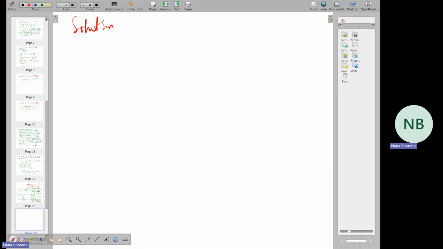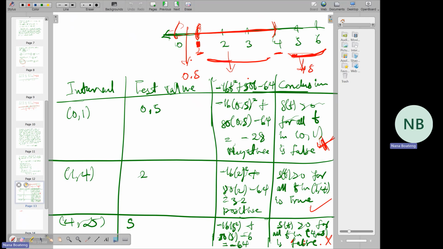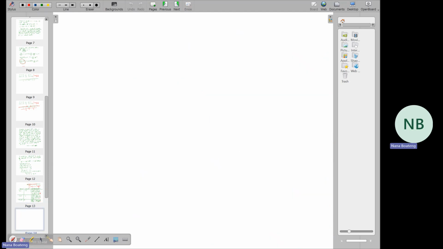So for the solution set, let's test the boundary points. The solution set is only true for between 1 and 4. So let me test s of 1.